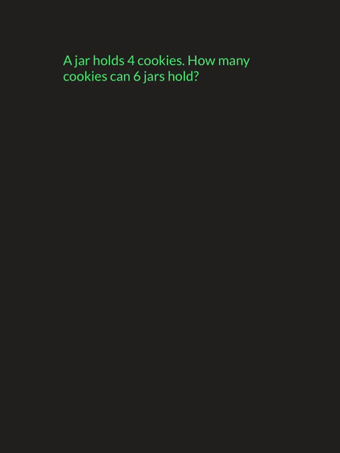What should you do? So hopefully you figured out that you should not add 4 plus 6, but rather you should multiply, because it says 1 jar would hold 4 cookies. So how many would 6 jars hold? So I'm not going to draw cookies in all of them.